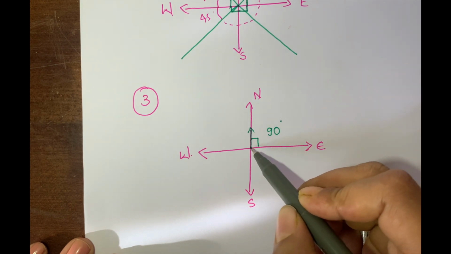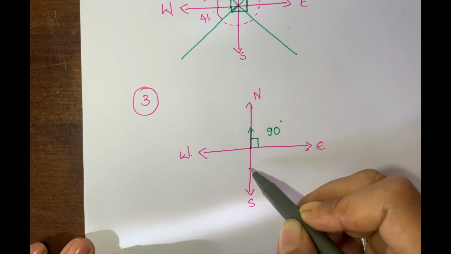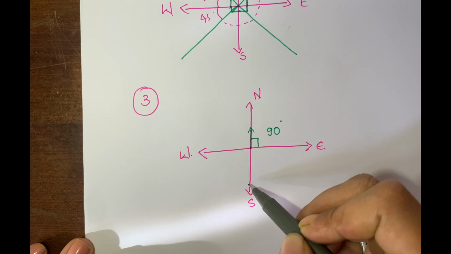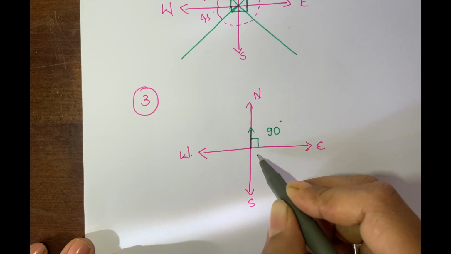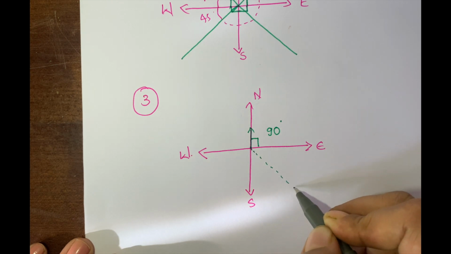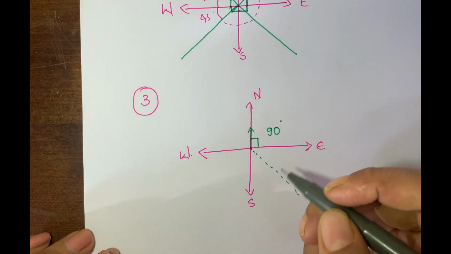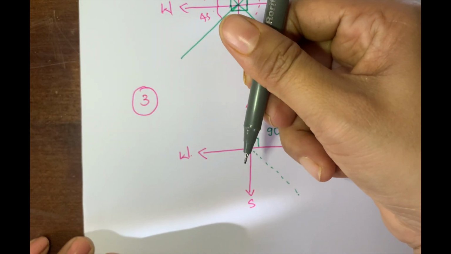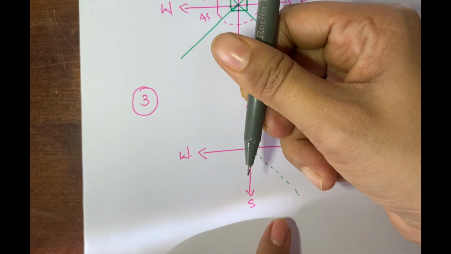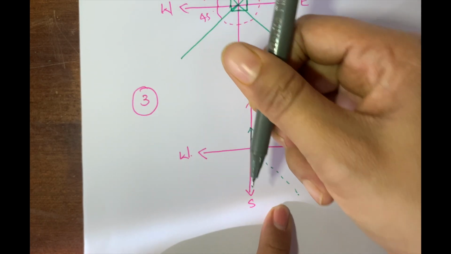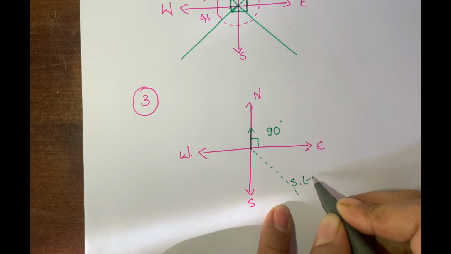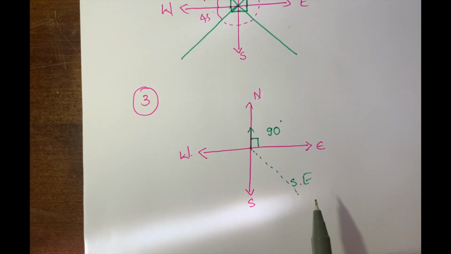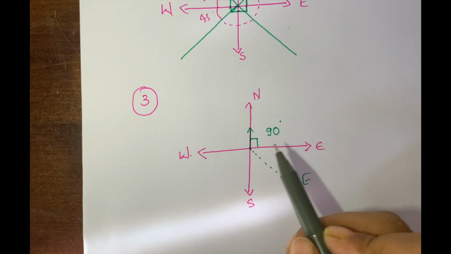If they mention the angle, for example, a person walking towards south takes a left turn of 45 degrees, then this is the angle. Because a person facing the south is facing this way, and this is the right, this is the left. So left 45 degrees is this, and this direction is southeast. So if they don't mention the angle, you should take it as 90 degrees.